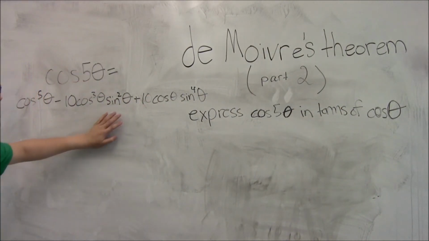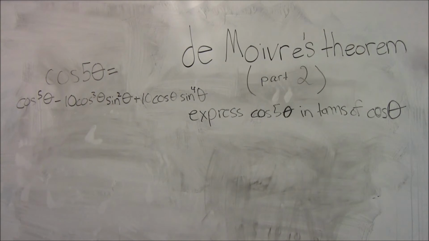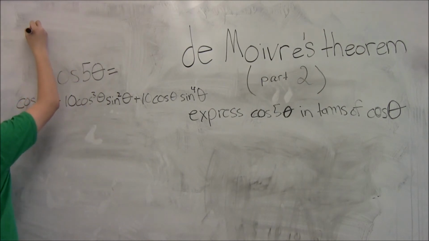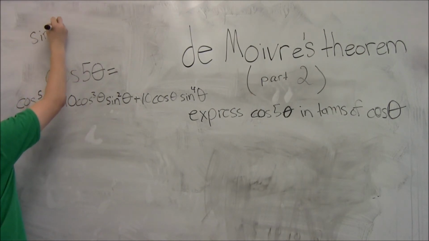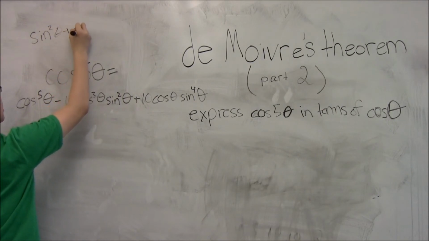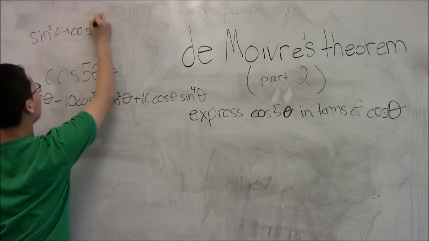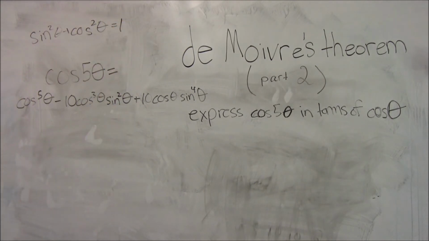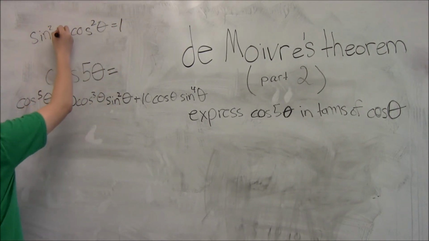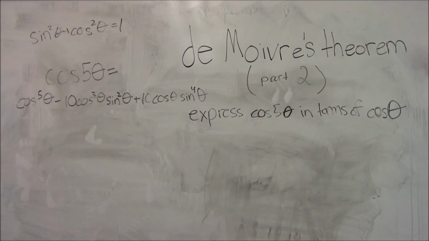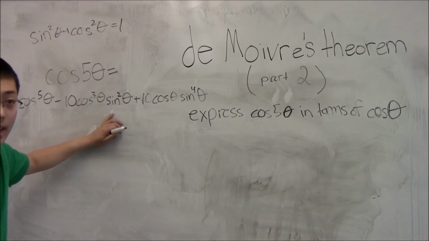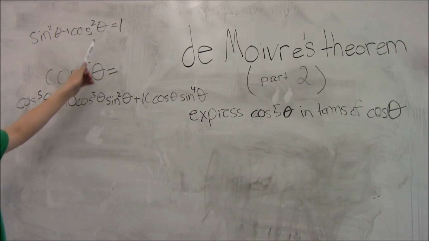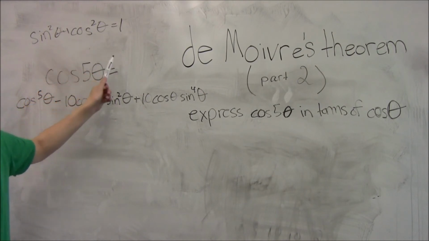Well, we know by the Pythagorean identity that sine squared of theta plus cosine squared of theta equals 1. So we can replace sine squared of theta with 1 minus cosine squared of theta.